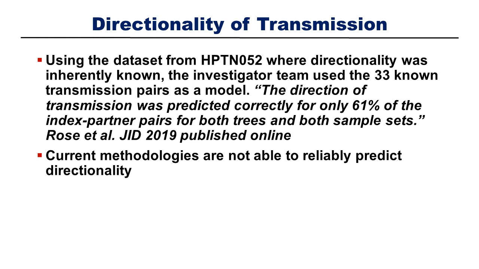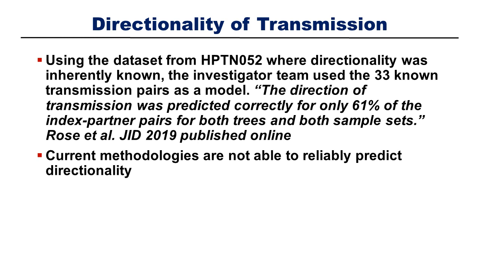So if there's any HIV transmission study where we know directionality, it's from HPTN 052, because remember, it enrolled discordant couples. So what the study team did is they took this as a model data set and then modeled it to see if, based on the sequence, they could determine accurately, looking at this data in a blinded way, the directionality of transmission.